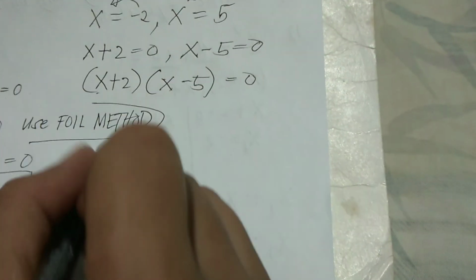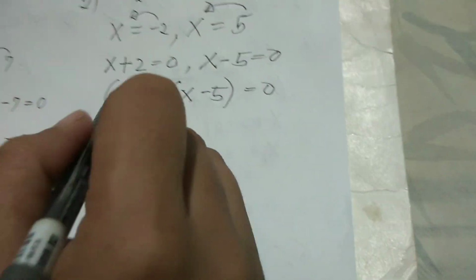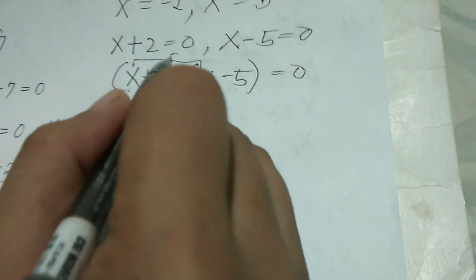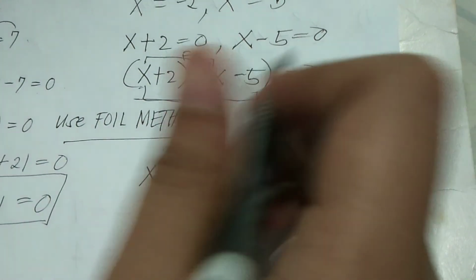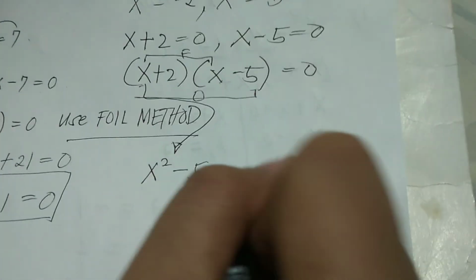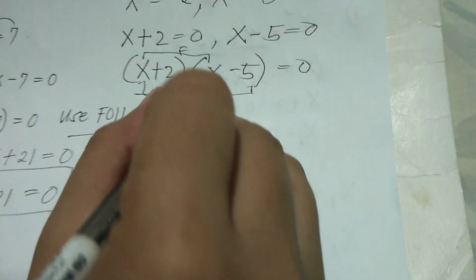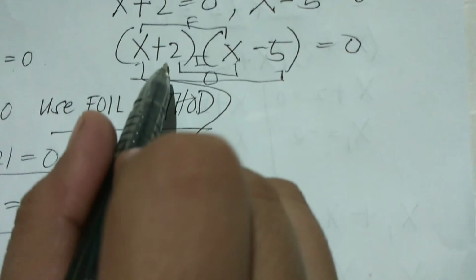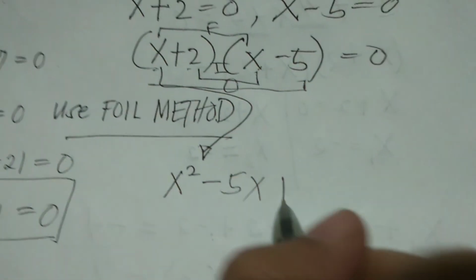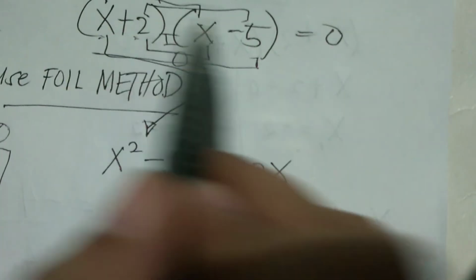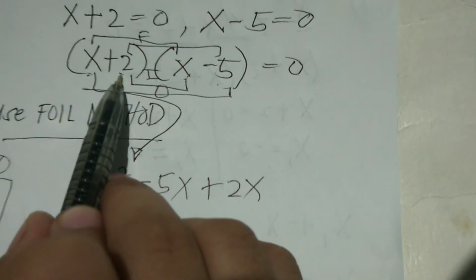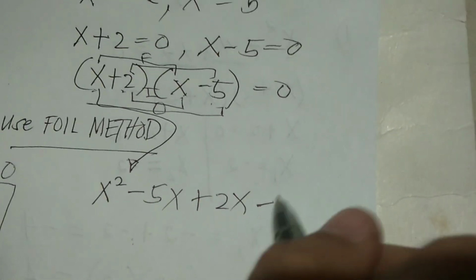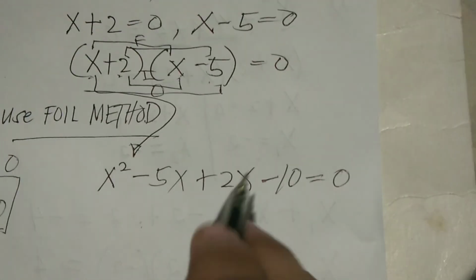x times x is x squared, the first term. The outer term, x times negative 5 is negative 5x. The inner term, positive 2 times x is positive 2x. The last term, positive 2 times negative 5 is negative 10 is equal to 0.